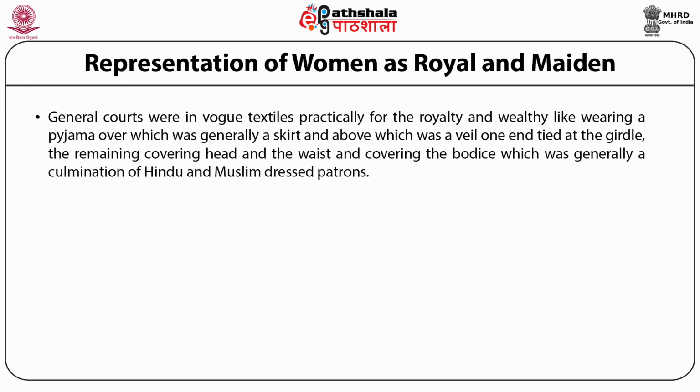General coats were of invoiced textile practically for the royalty and wealthy, like wearing a pyjama over which was generally a skirt and above which was a veil, one end tied at the girdle and the remainder covering the head and the waist and covering the body, which was generally the culmination of Hindu and Muslim dress patterns.